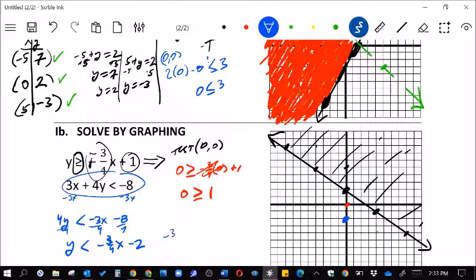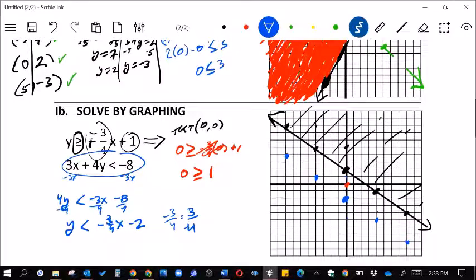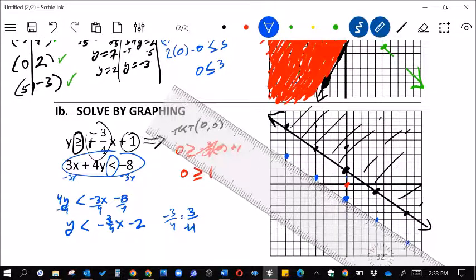So I'll make the slope first -3 over 4. That means down 3 and over 4, down 3 and over 4. And then I can do that. So it's 3 over -4. 3 positive and 4 negative, 3 positive and 4 negative. Okay. And this one is a dashed line. So let's do the equation.